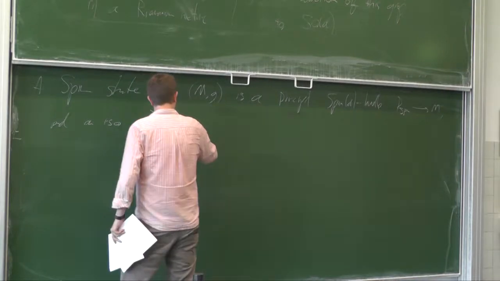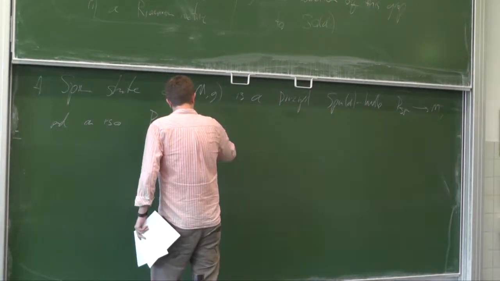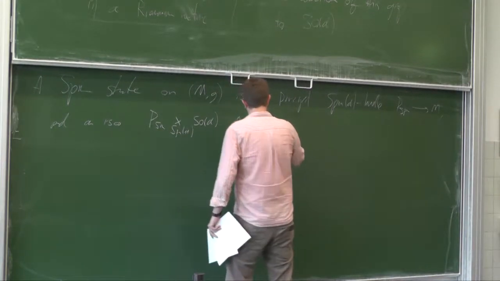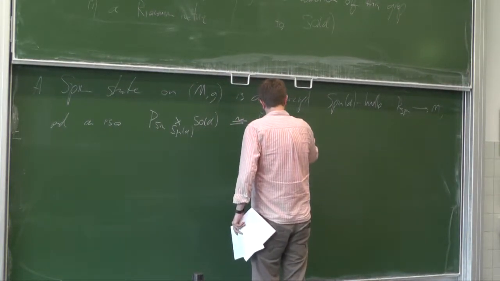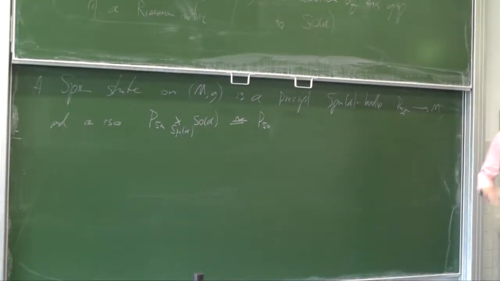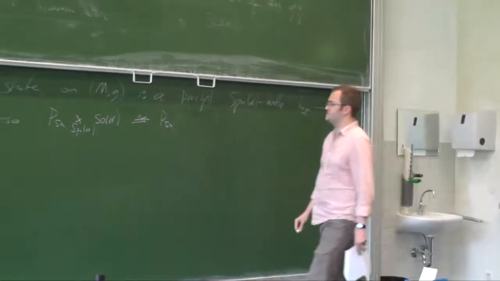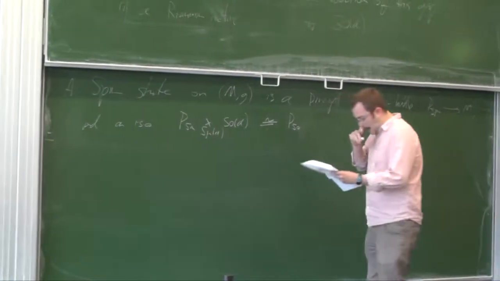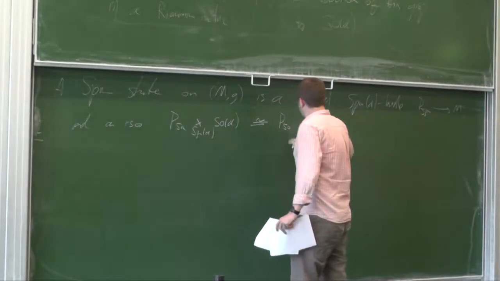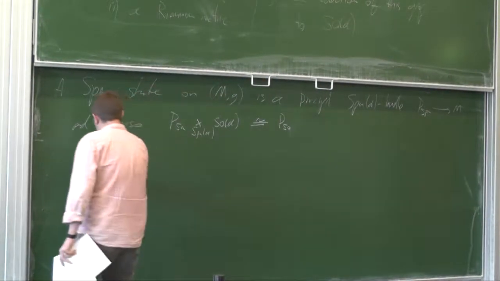So I take the spin bundle, I cross it with SO(d) over Spin(d), and I ask for a choice of identification of that with the principal SO(d) bundle the manifold has coming through the orientation and the metric. So this is part of the data.